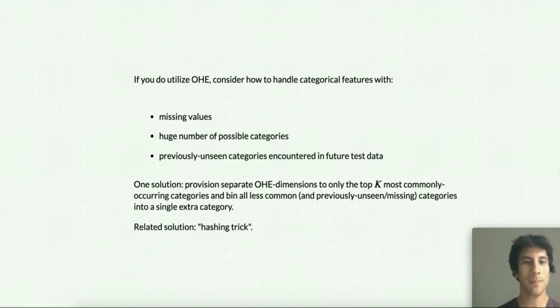One solution might be to just keep only the top most commonly occurring categories and bin all other less common categories as well as previously unseen or missing categories into a single other category. A related trick is the hashing trick, in which one just randomly assigns categories to a small number of bins such that certain bins may have overlap between different categories.